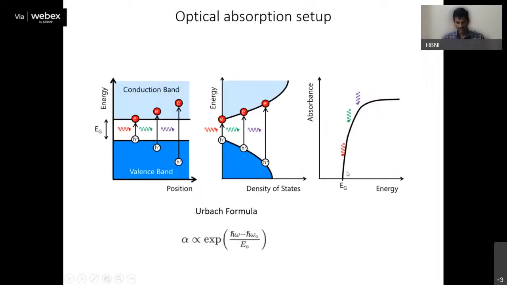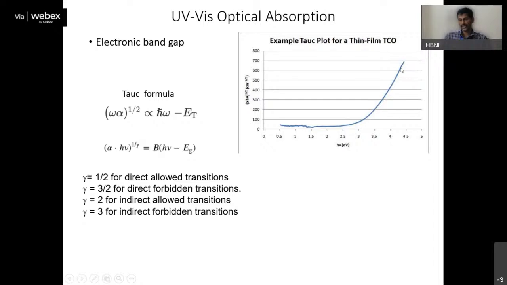And there is much more information in this optical absorption spectra. When you plot this, you can extrapolate, and wherever this intersects will give the band gap.